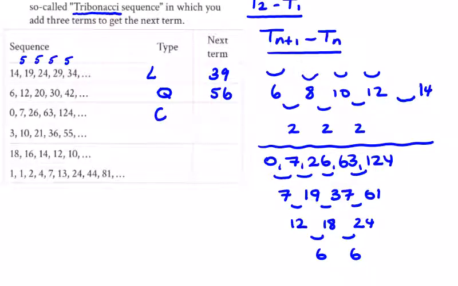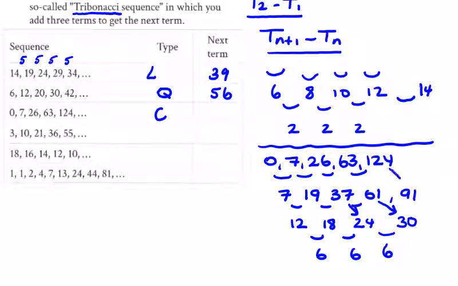C for cubic. And then the next term, we work our way back up. We have a 6 here, so 12, 18, 24, this will be 30 to keep our 6 difference. And if you see going down this way, 37 and 24, 61. 61 and 30 will be 91. Would have to be this difference here.